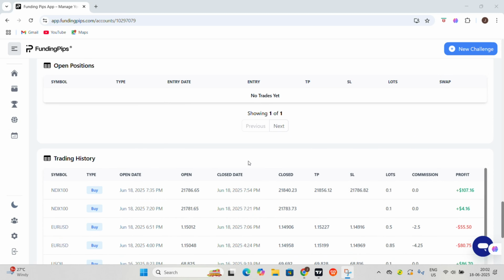So after that, I put on another trade in NDX 100. NDX 100 is actually Nasdaq NQ. Yeah, as you can see right here, June 18, 0.1 lot, and I booked a profit of $107.16.